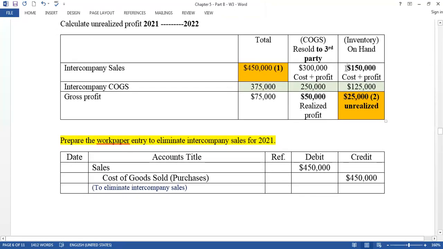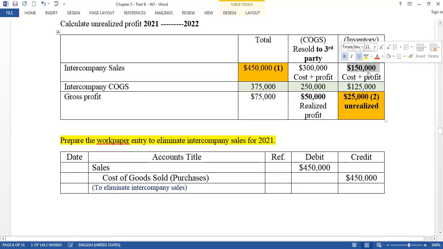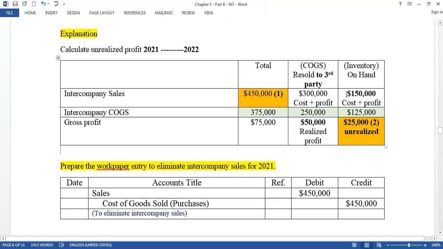This ending inventory you are going to sell in the next year. Do you understand? At this moment, you are holding $150,000, right? This is 2021. You are holding this. But when 2022 came, you have to sell it first, right?